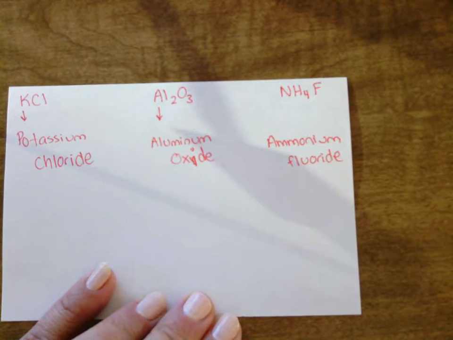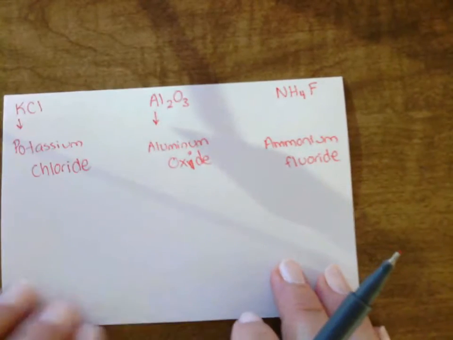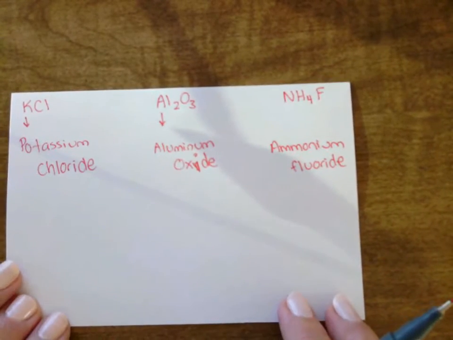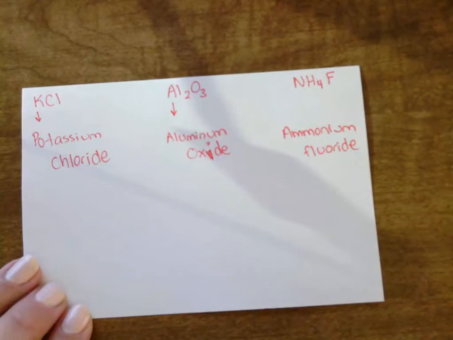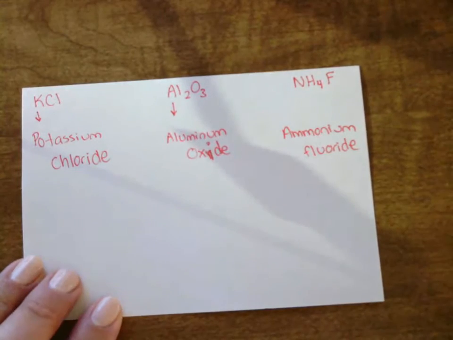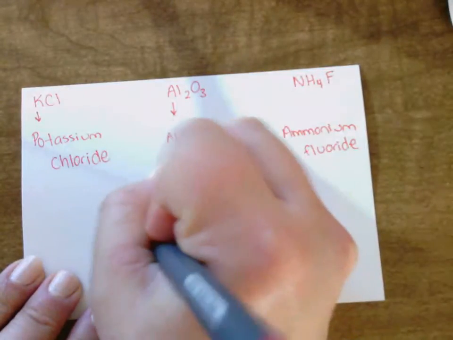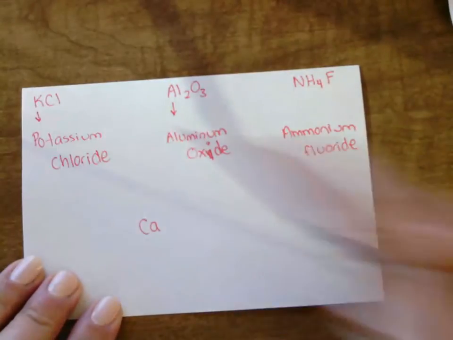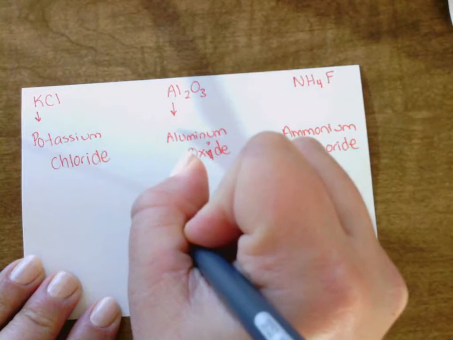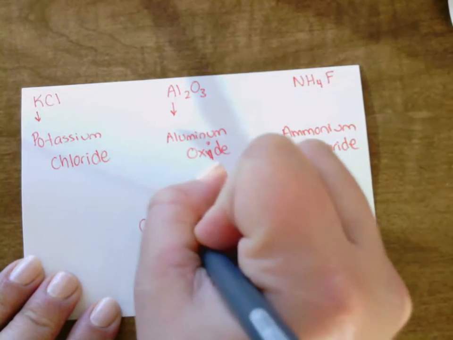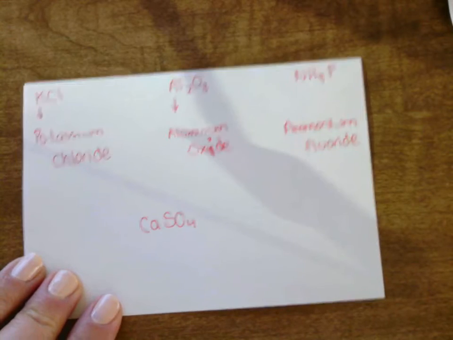Okay? Let's look at one more example just to make sure that we've got it. So if we look at, let's go with calcium, Ca, and then sulfate, SO4. Okay?